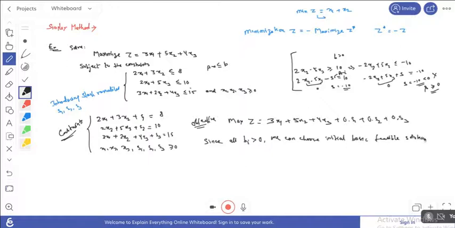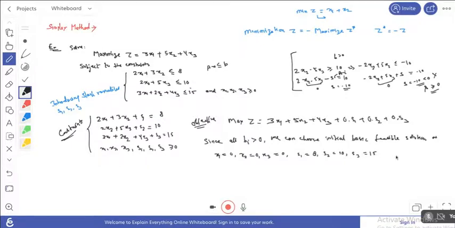How can we choose? Putting x1 equal to 0, x2 equal to 0, and x3 equal to 0, we get s1, s2, s3. Here s1 is 8, s2 is 10, and s3 is 15.